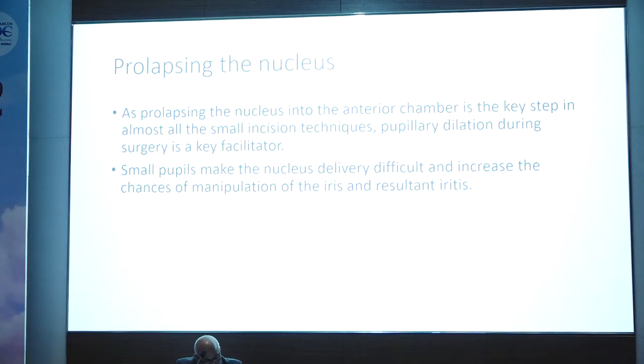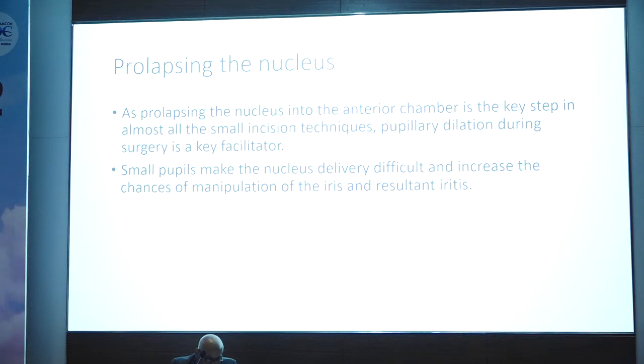So using NSAID eye drops before surgery, seeing to it that proper dilating drops are put before surgery is very important. Even peribulbar blocks work well, subtenon blocks work well.